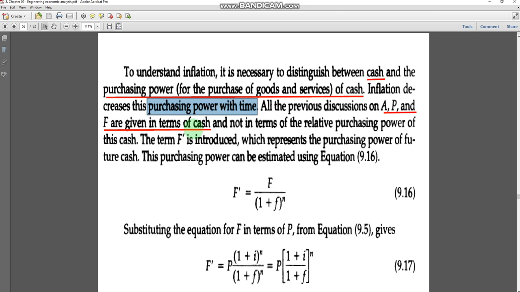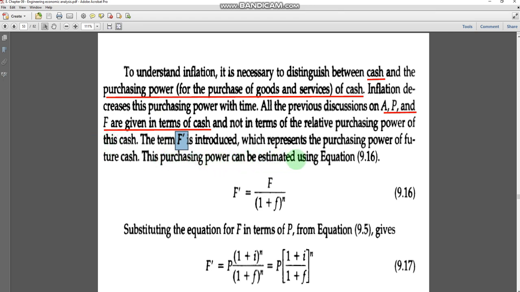That we didn't include the inflation in the calculations. The term F dash is introduced here, which represents the purchasing power of the future cash. We will see how much difference there is between the cash that we have today and what the actual worth should be with the same cash after the given time.